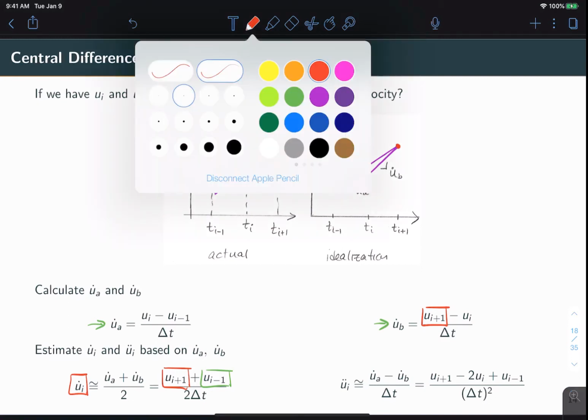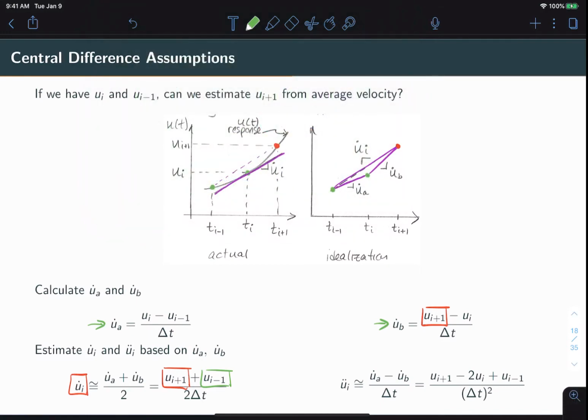So we also calculate u double dot i, and this is simply done as the average acceleration from ti minus 1 to ti plus 1. Okay, so we take the difference in velocity and then divide by delta t. This simplifies to this quantity here, and we have essentially the same unknowns and knowns.